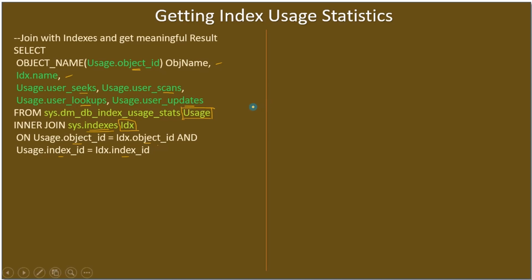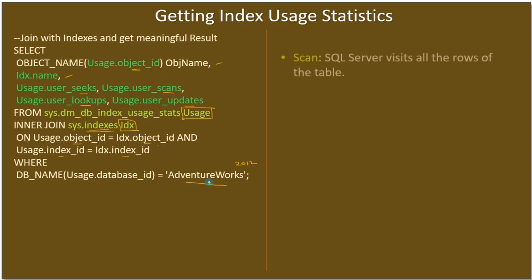All these are index usage data. We will talk about this soon. Where database name equals AdventureWorks, and in my case it is AdventureWorks2012. When you go to the script, at that time we will modify it.